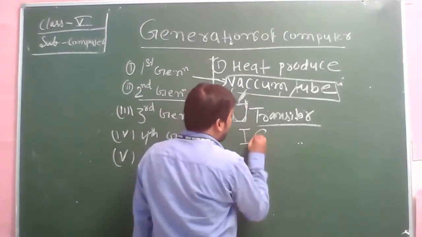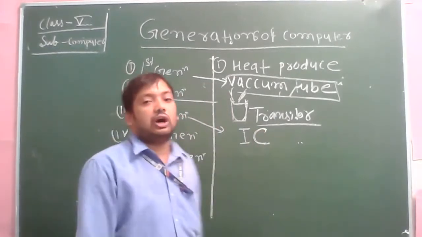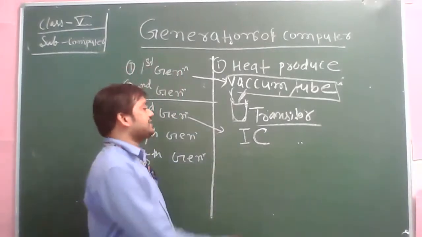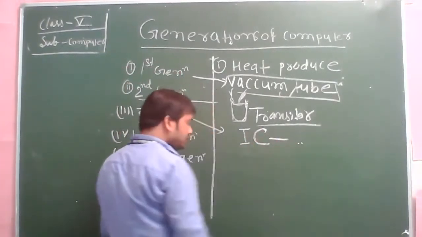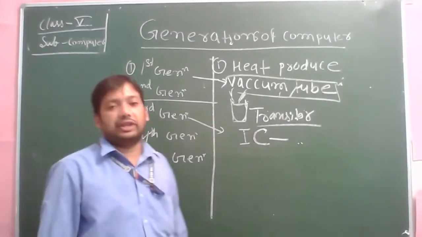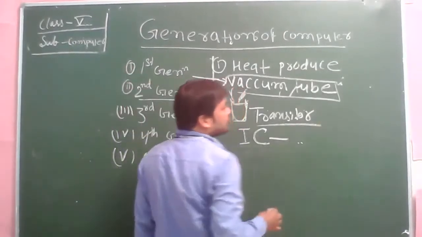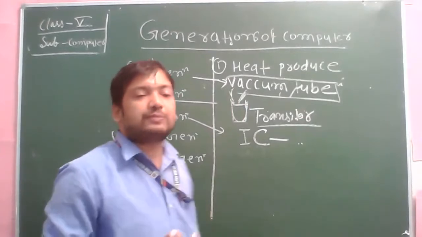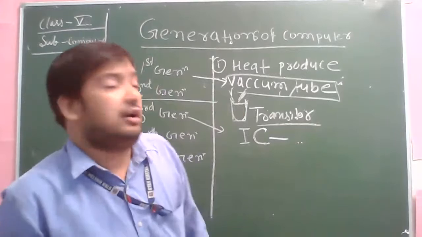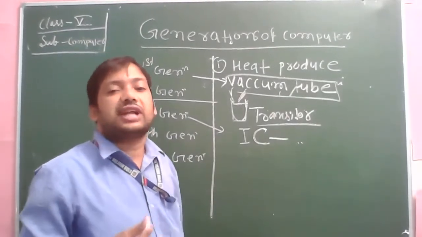When the IC came in this generation, the size of the computer became smaller. In the third generation we have the keyboard, and the mouse was a trackball, not an optical mouse.